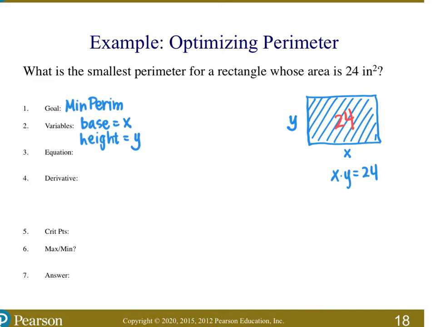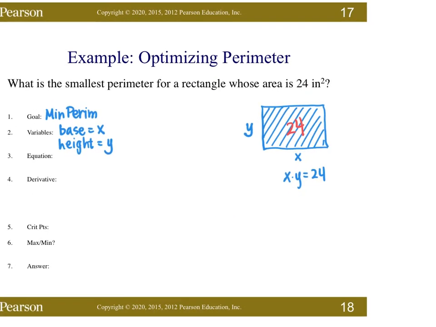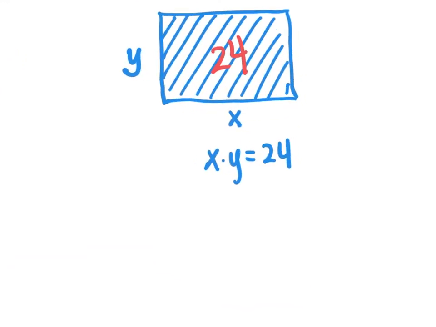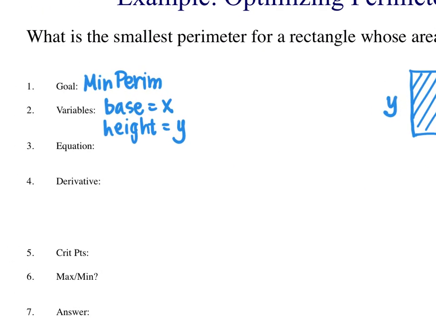I don't have an equation for y like I did in this problem, where I specifically had y equals 8 minus x squared, but I do have something for y in the equation x times y equals 24, because if I get y alone, it would be 24 divided by x. So I do have something I can use for y, and that y is 24 divided by x.